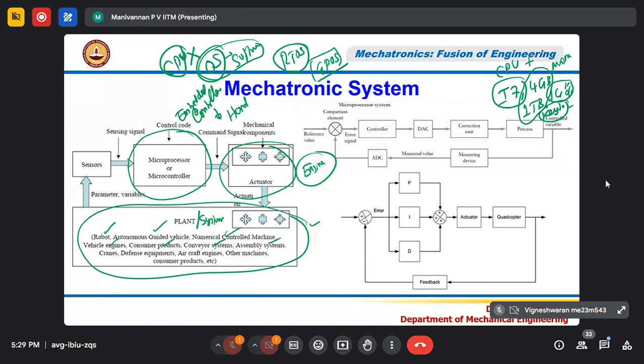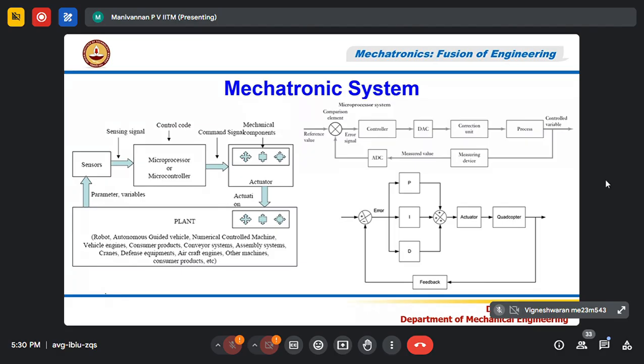Similar to that, in an embedded system you have an operating system which is called RTOS, which is nothing but real-time operating system. So that means an embedded controller also is a small computer. The only main difference is that the software stored inside this embedded controller can control only this particular machine.